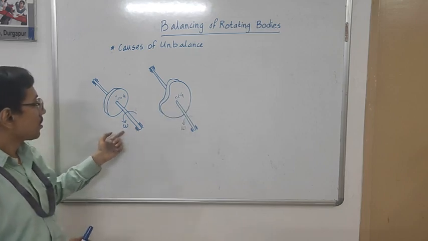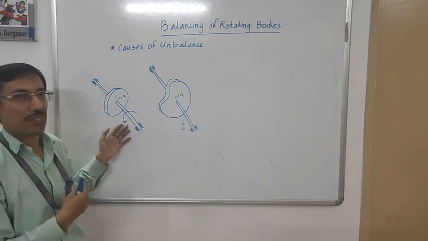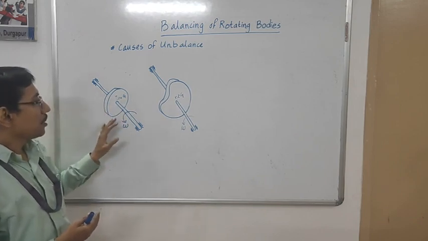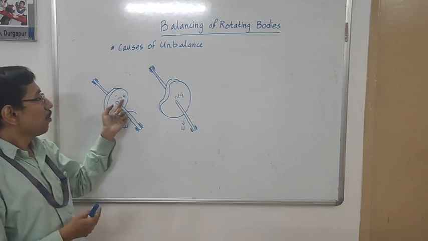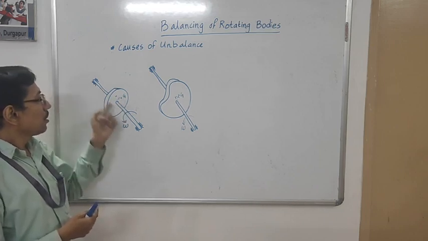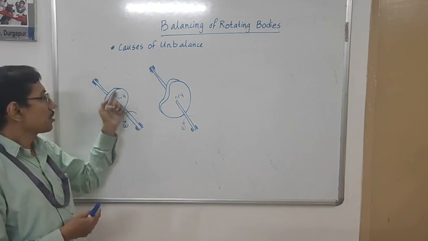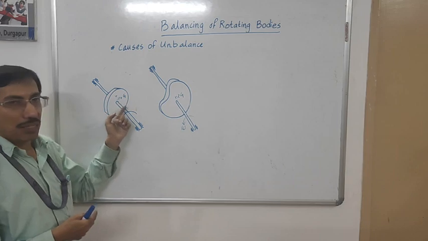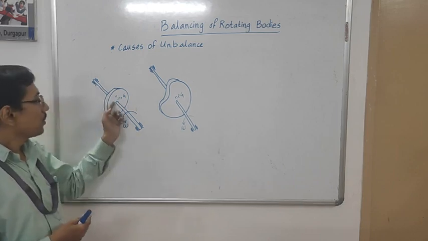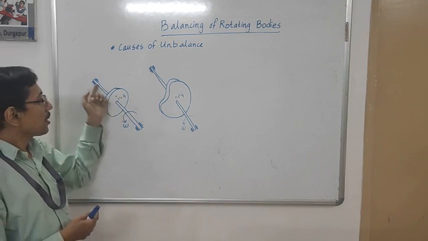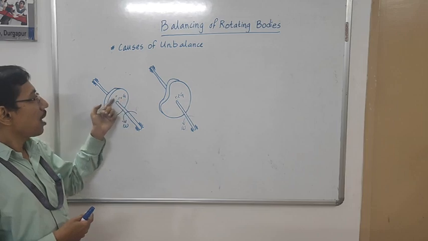For the first case, this disc is mounted on the shaft during the assembly operation, and after assembly it may be found that the center of gravity of this disc lies outside the rotating axis. That means the center of gravity of this system, shaft and disc, would lie away from the axis of rotation. So if this happens, there will be a distance between the axis of rotation and the center of gravity of the disc. Say that distance is r.